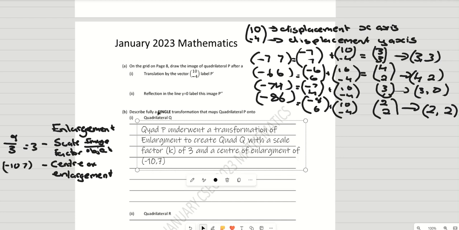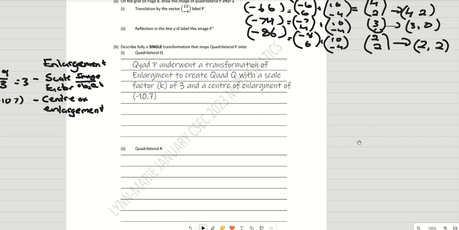And that is all you need to put, something along these lines. You don't need to put exactly what I put, but you need to mention what type of transformation it is, the scale factor, and the center of enlargement.